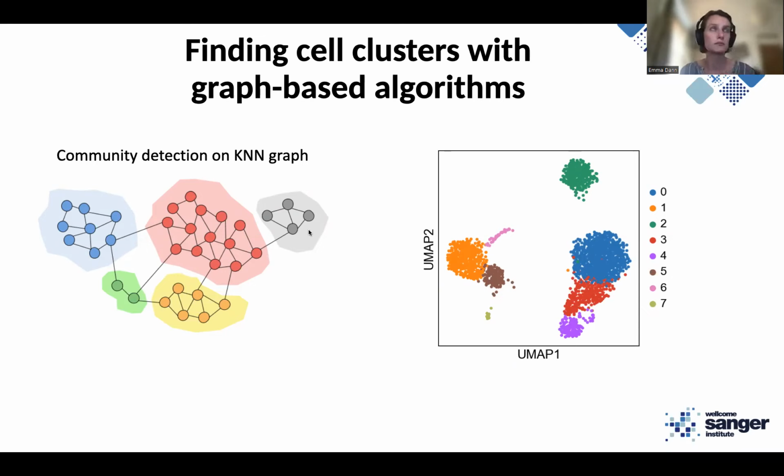Two of the most popular ones are the Louvain algorithm and the Leiden algorithm. The idea is that we want to separate points that are very highly connected with each other on the KNN graph. Here I'm showing, for the same dataset, the results from clustering with one of these community detection algorithms.